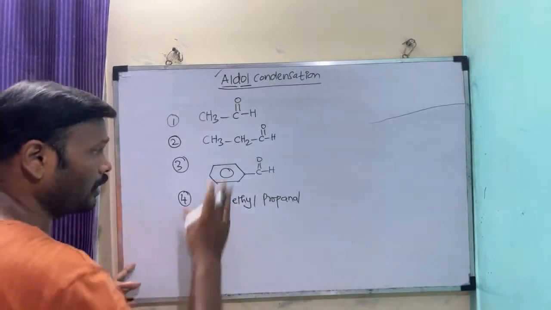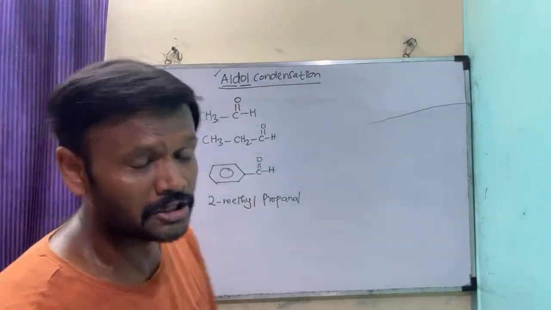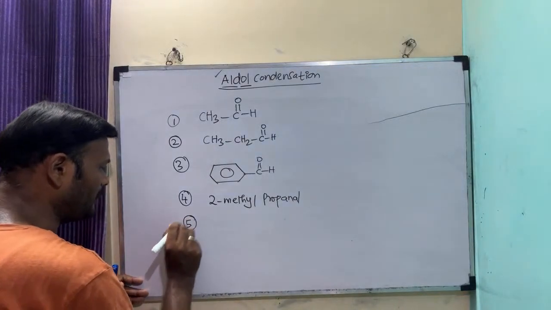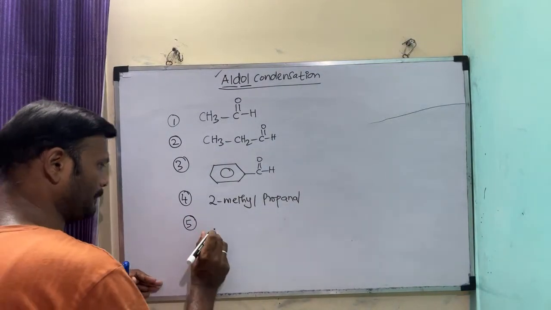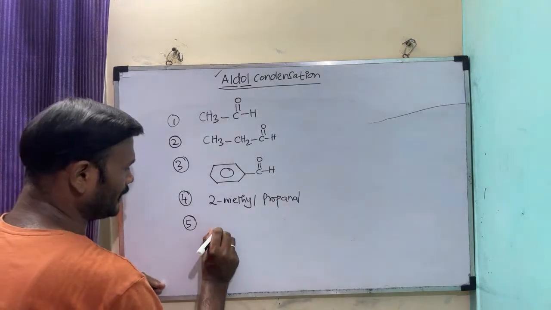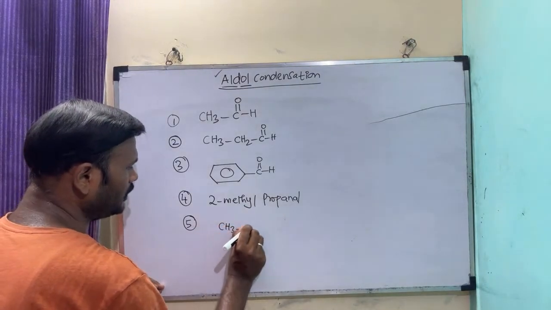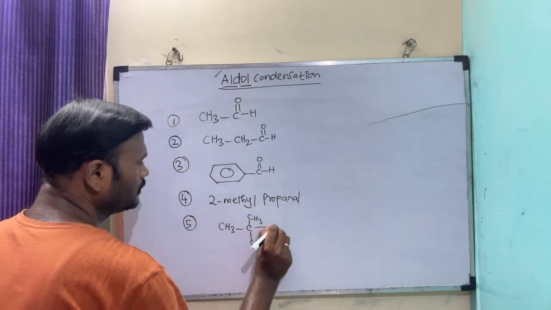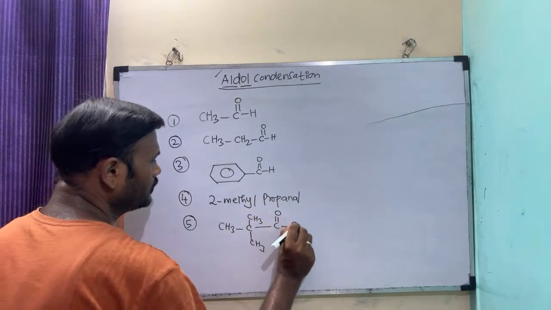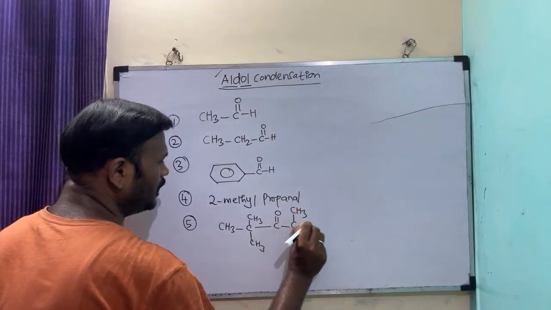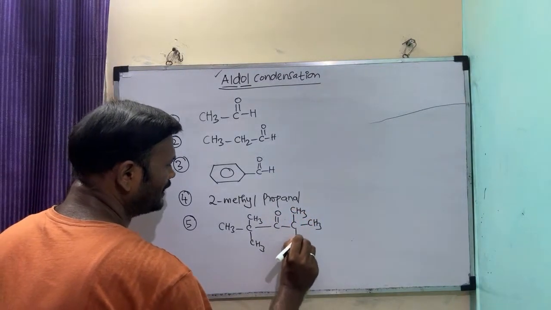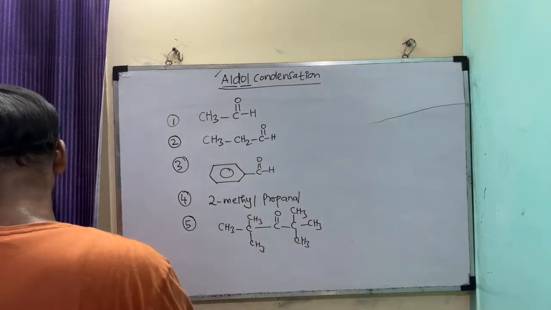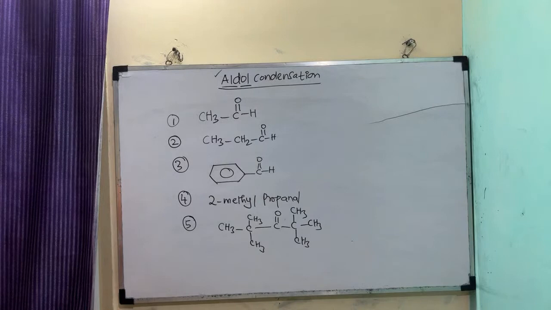Whether all these molecules are involved in aldol condensation or not, let's check. And then the fifth one: the molecule may contain CH3, C, CH3, here C double bond O, here C, CH3, CH3, another CH3. Whether this ketone is involved in this kind of condensation reaction, let's check.